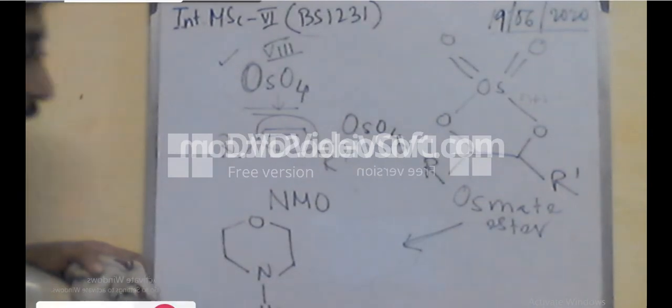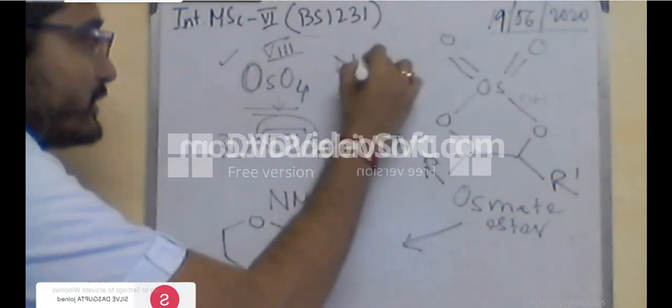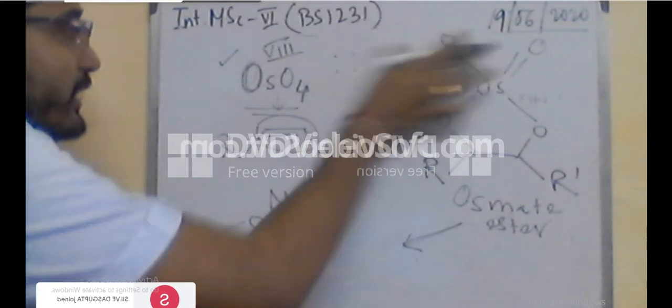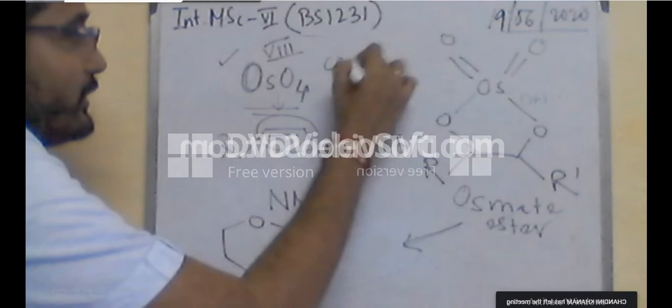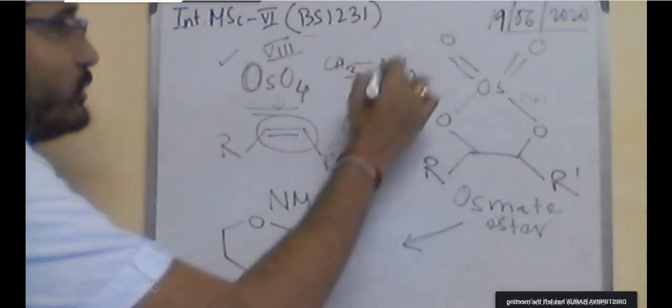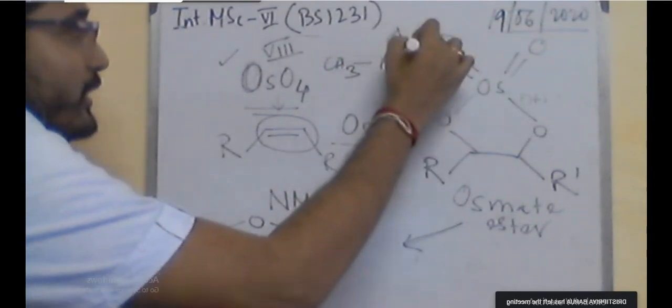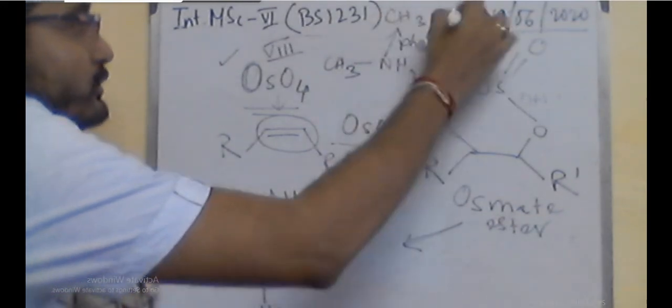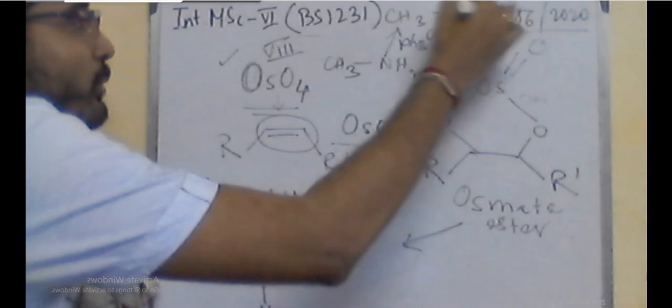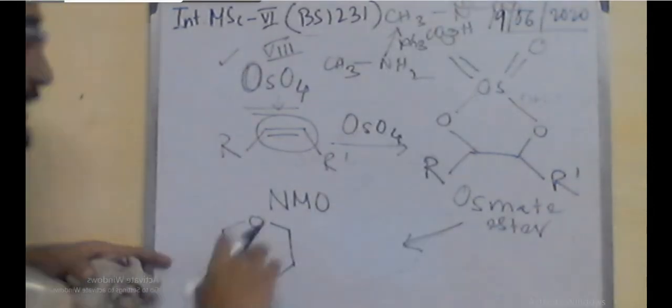So by using peroxybenzoic acid, it will be easily converted to the N-oxide, and N-methyl morpholine N-oxide is named as the NMO. This is the synthetic pathway of the formation of NMO from N-methyl morpholine.